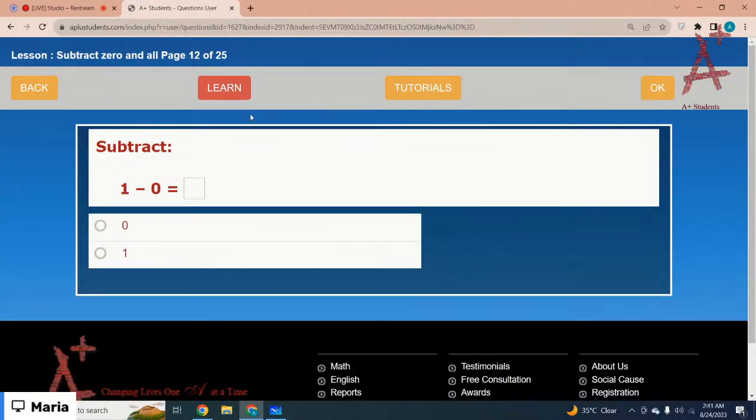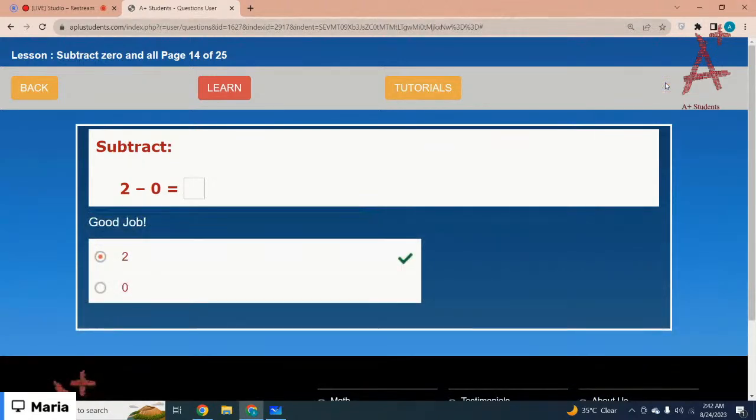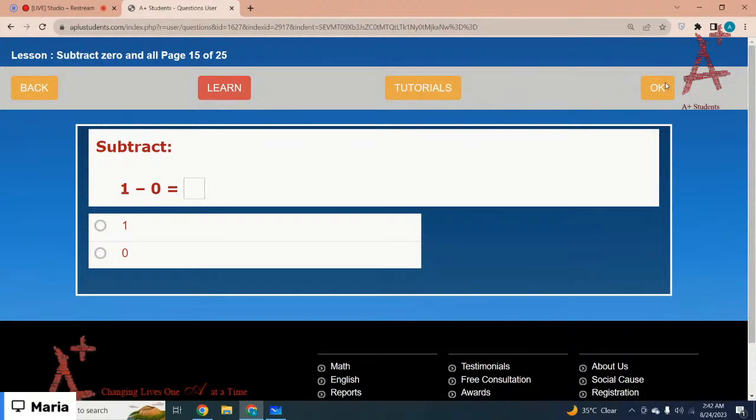Okay, 1 take away 0 is 1, right? 4 take away 4 is 0. 2 take away 0 is 2, right? 1 take away 0 is 1. The correct option is 1.